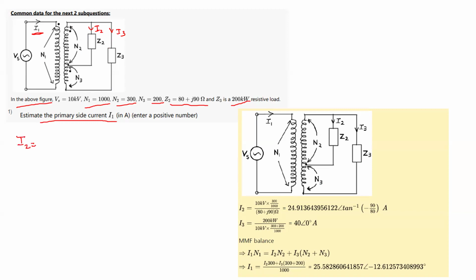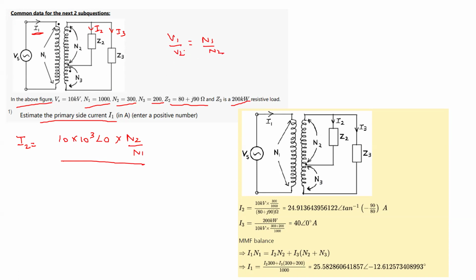So how can we calculate I2? I2 will be this voltage Vs, 10 kilovolt, which is applied across N1. It will also get reflected across N2. So here this 10 kilovolt at angle 0, I'm taking it as the reference, into the number of turns. We are measuring it across N2 only, so this will become N2 by N1, using the voltage transformation ratio, the turns ratio. I have used that V1 by V2 is equal to N1 by N2.